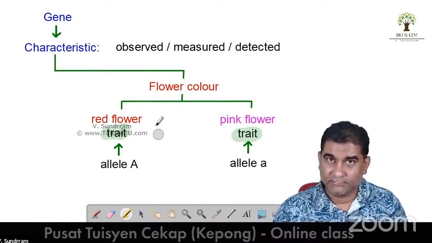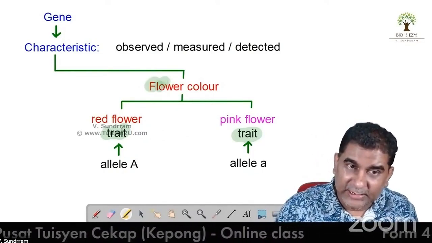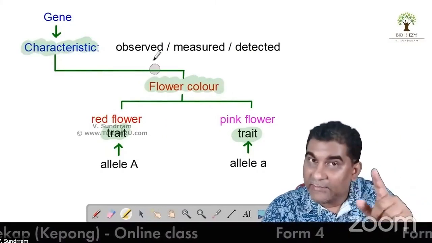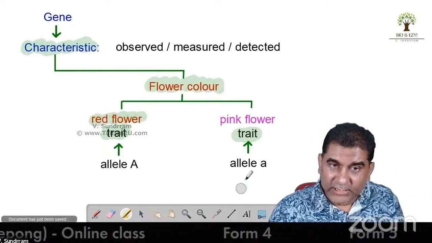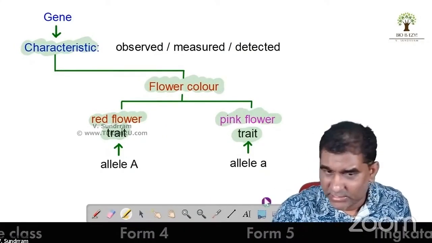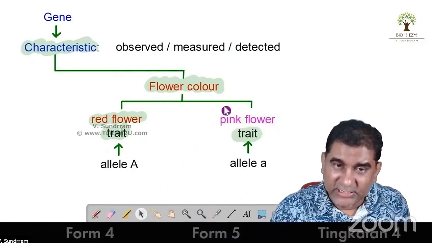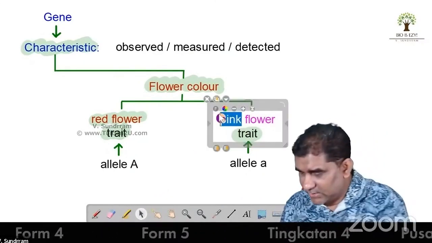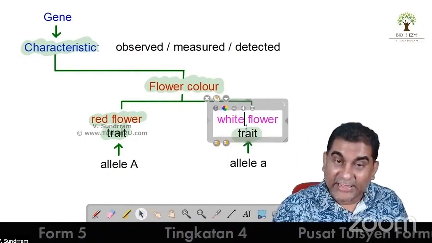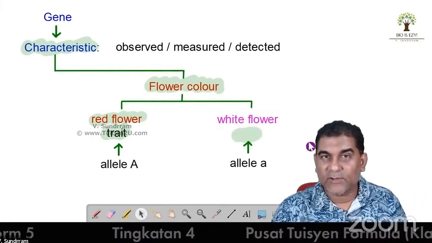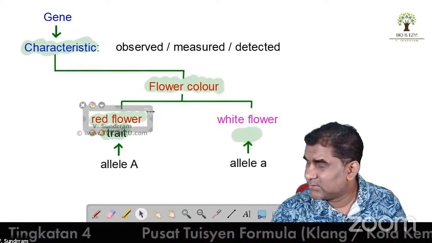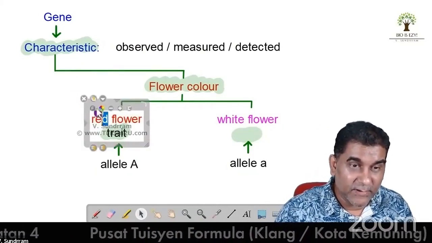For example, flower color characteristic have a red flower trait and white flower trait. Now, I'll change this to purple, because later the examples we are going to use is a purple flower.